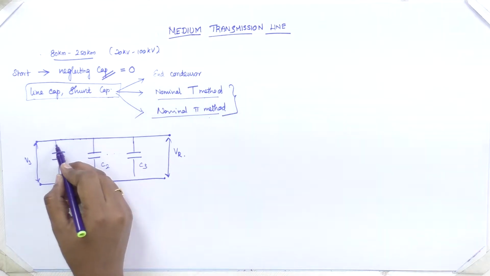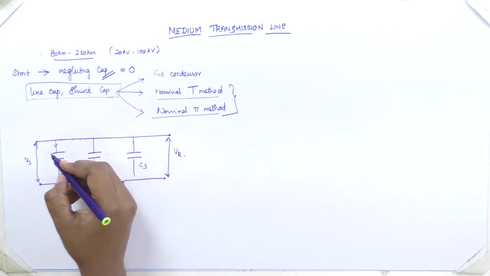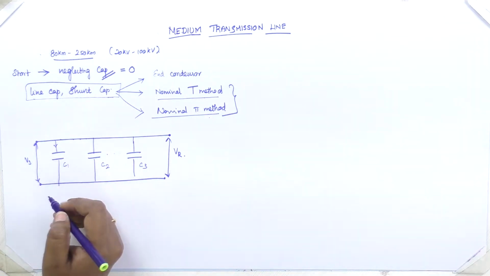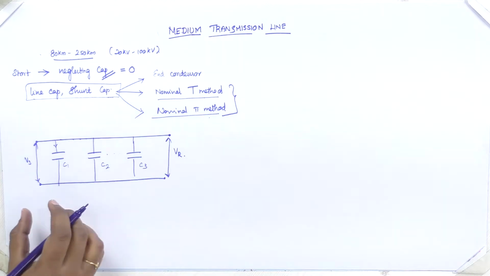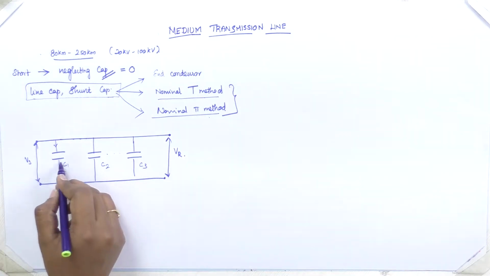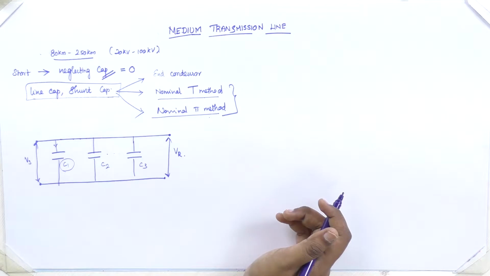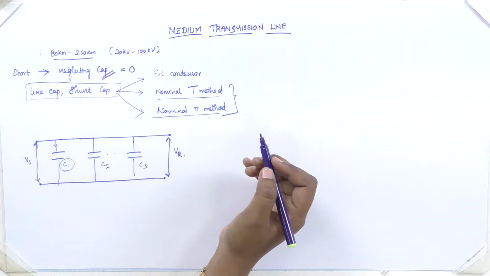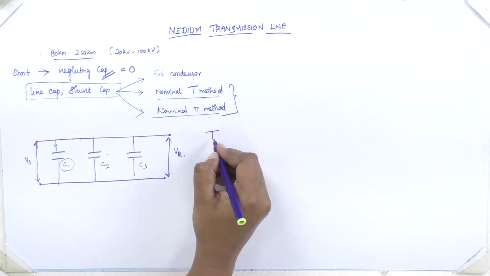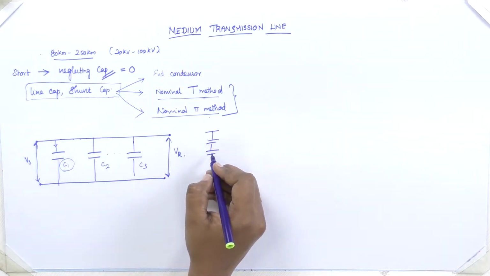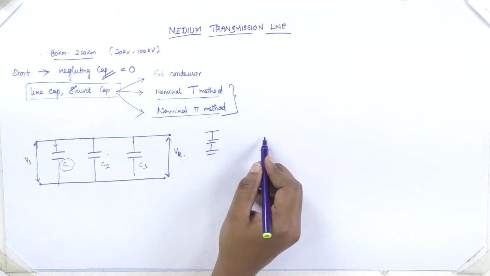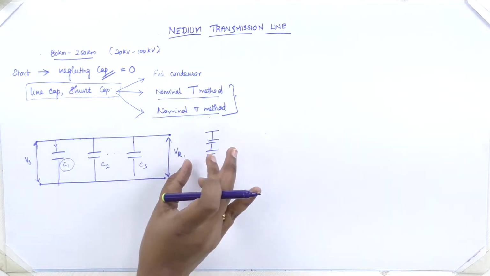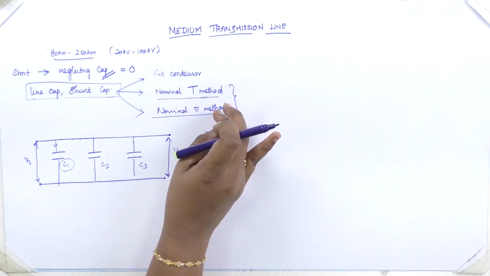The line charging current at a particular point depends on the voltage there, so the charging current at the sending end will be the greatest, and C1 will be greater compared to the other capacitances. So, for simplification in calculating the capacitance, we assume that the capacitance is present either in the middle or at the end of the transmission line. From this they are classified into the nominal T and nominal pi methods.